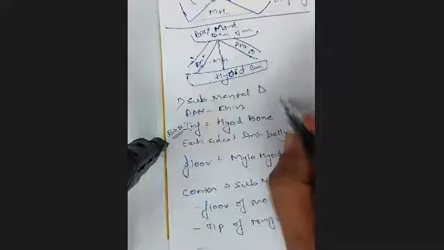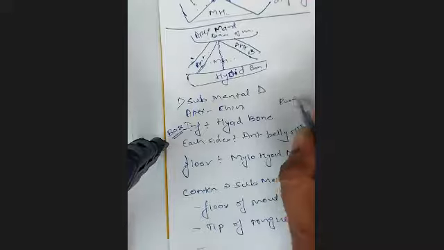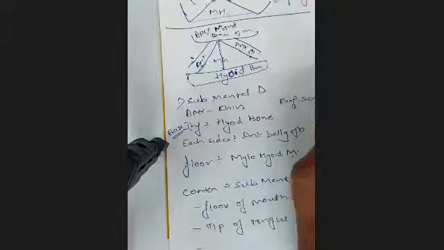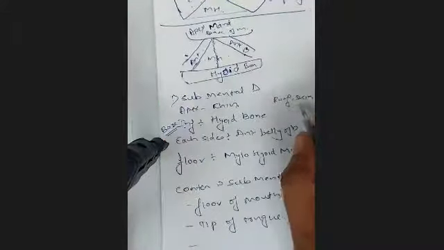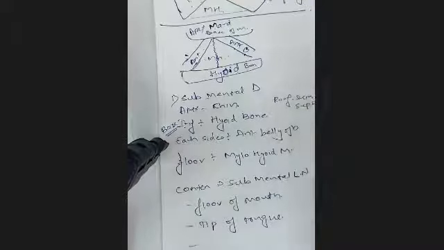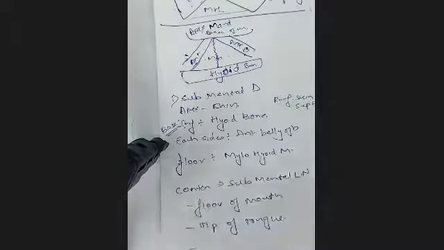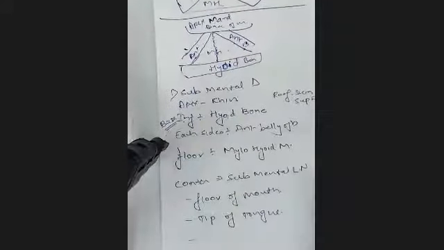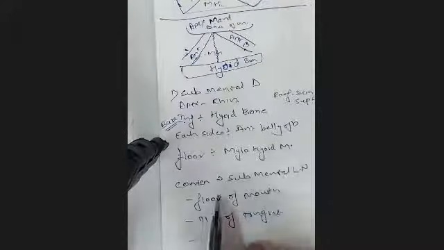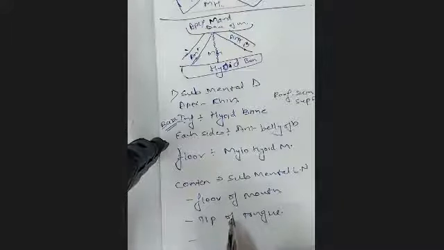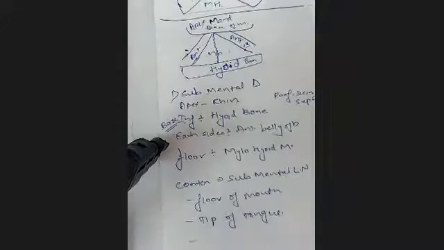Floor is formed by mylohyoid and the roof will be formed by skin, superficial fascia containing platysma. The contents are the submental lymph nodes which drain the floor of the mouth, the tip of the tongue, and also the central part of the lower lip. So that's about the submental triangle.